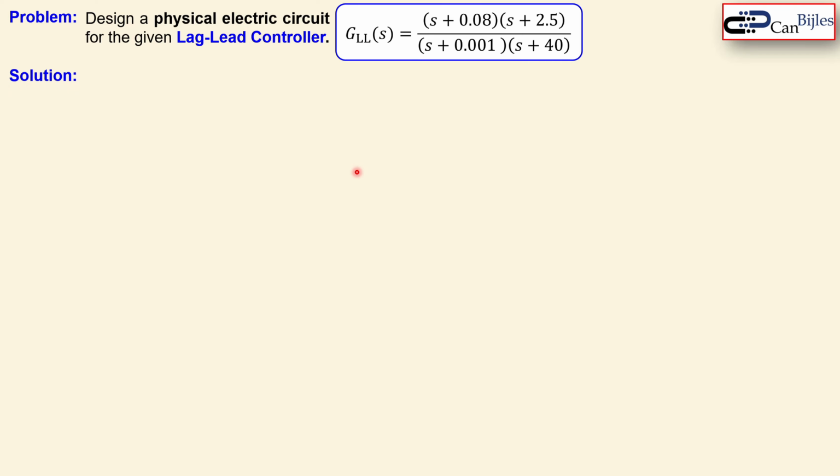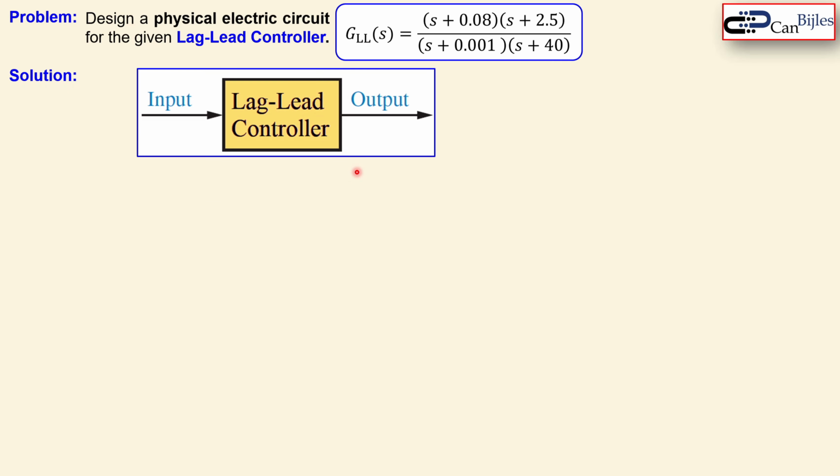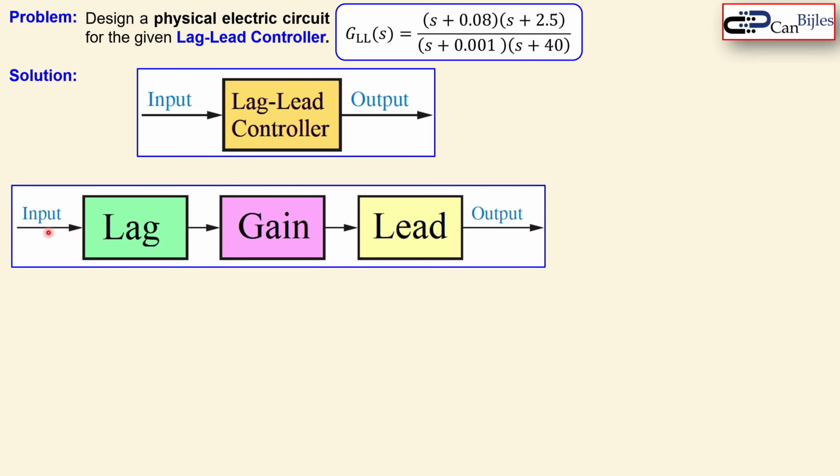There are many options, so let me start with a very general diagram. We have an input for this transfer function over the controller, lag lead controller, and there will be an output. But this lag lead controller is composed of several parts. It has a lag part and also a lead part. Those are definitely in it. But there will be also, if necessary, a gain stage.